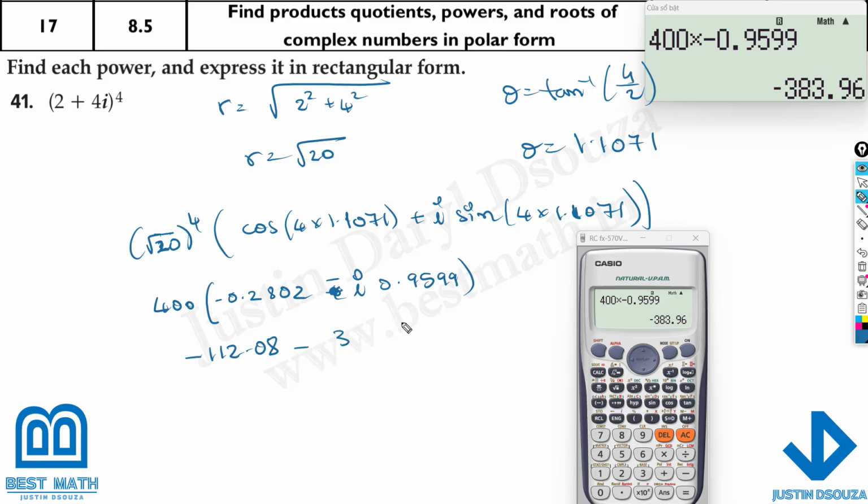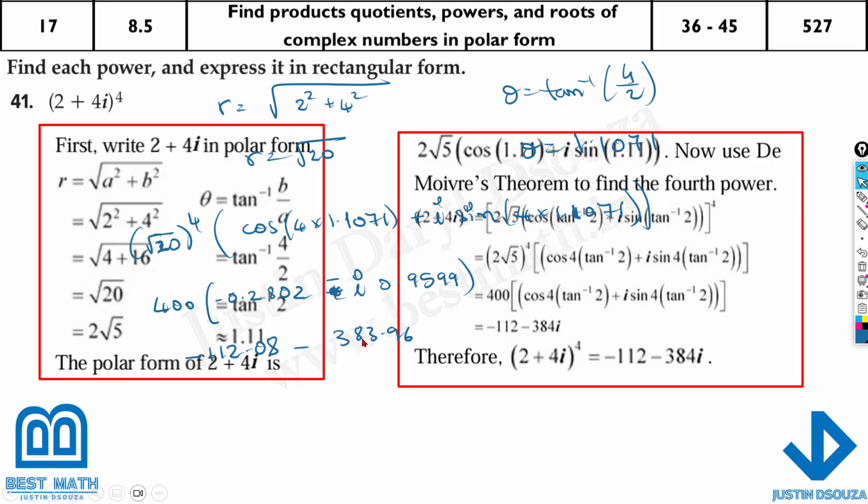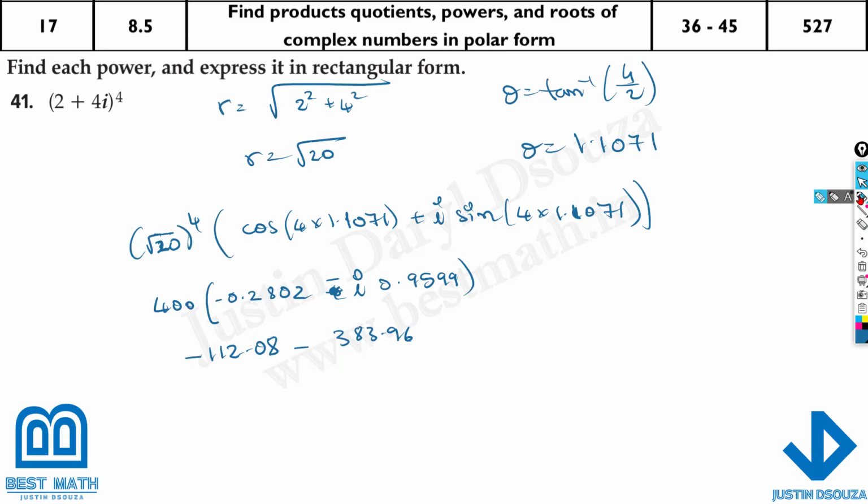It's almost 384, you can say. I'll write the 2 decimal points as well, because I was sticking to 4 decimal points, right? I'm just now reducing it. And that's the answer. See, it's almost 384 and it is almost over here 112. But if you had taken the exact value, then you would have got minus 112 minus 384. I forgot to write i here. This i is for the second part, that's the imaginary part. This is absolutely correct.